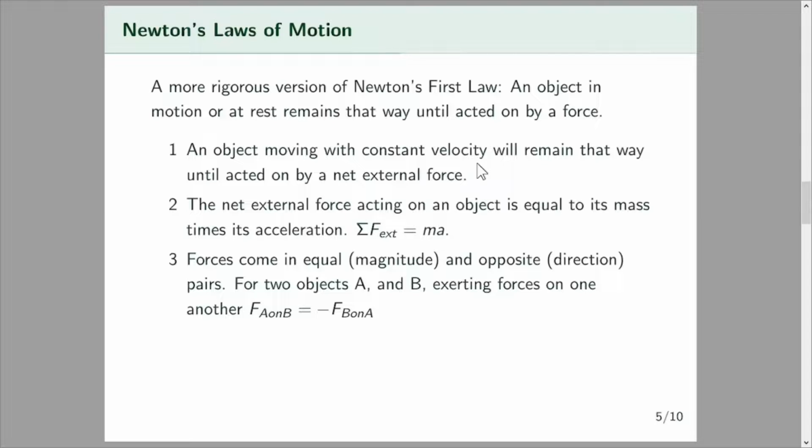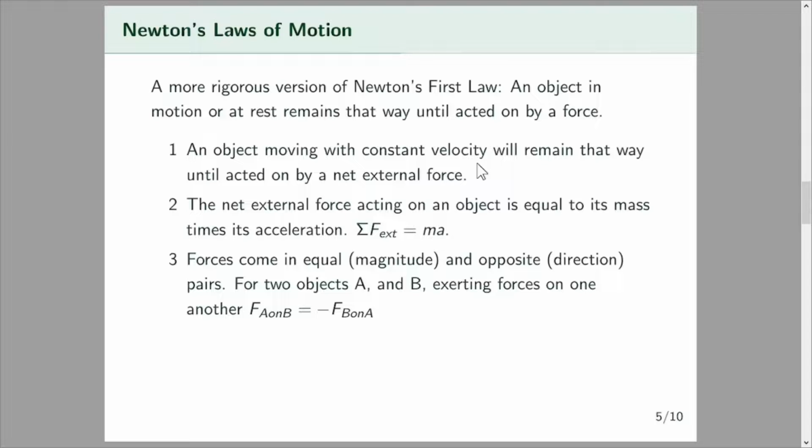And so you can feel that if you're sitting in a car. If the car speeds up or slows down, you can feel it, but you can also feel it if the car turns. Remember, velocity is magnitude and direction. In order for the direction of a moving object to turn, a force has to act on it. And so we say an object moving with a constant velocity will remain that way until acted on by a net external force.